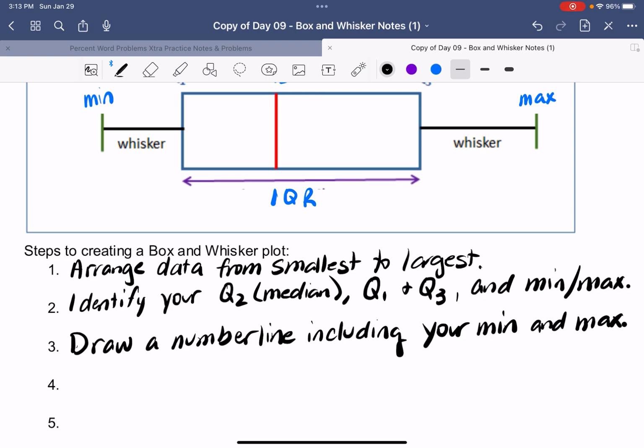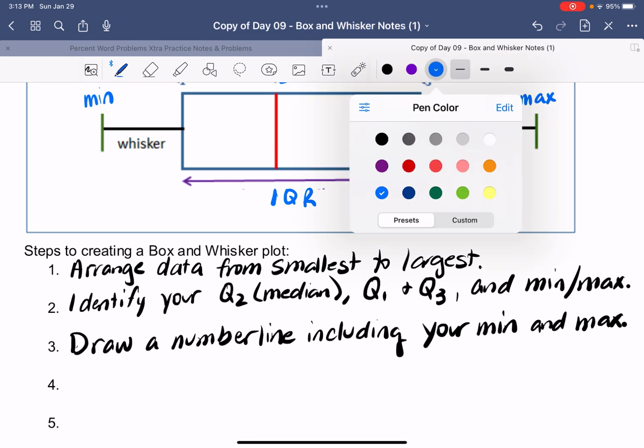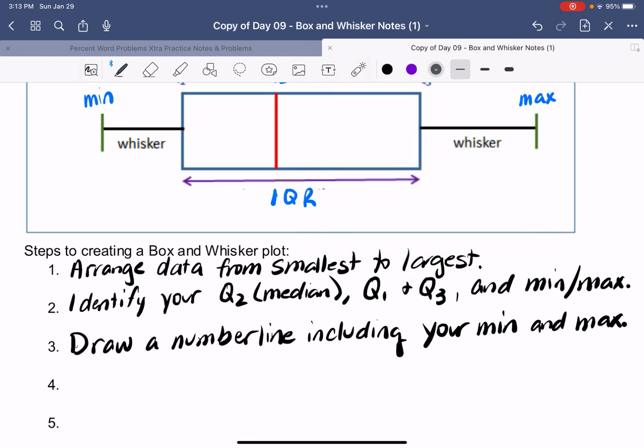They didn't do this on the drawing above, so let me draw a number line right here. Now remember, your number line, 0 doesn't have to be where your minimum is. It could be, but you could also have a negative number for your minimum as well. So let's just say 0 is down here, and we are going to draw a number line, something like this. Now we don't have the numbers in here, but you are going to see below an example of a number line, okay?